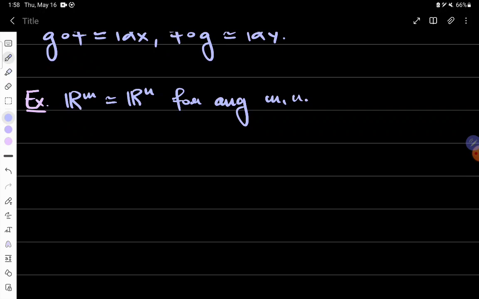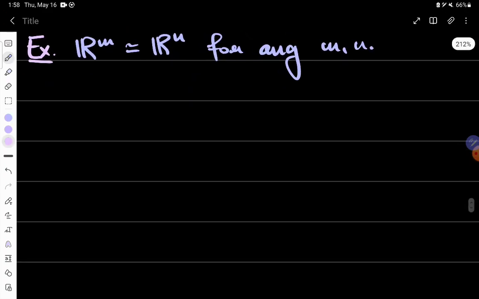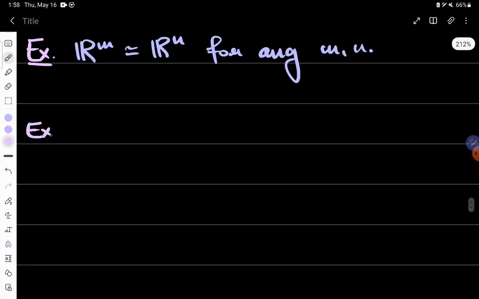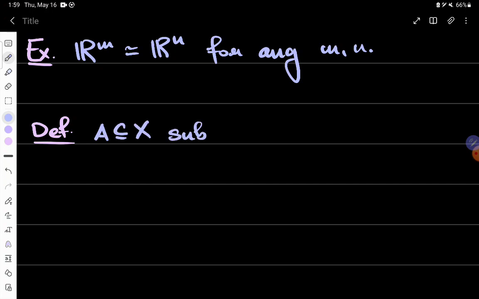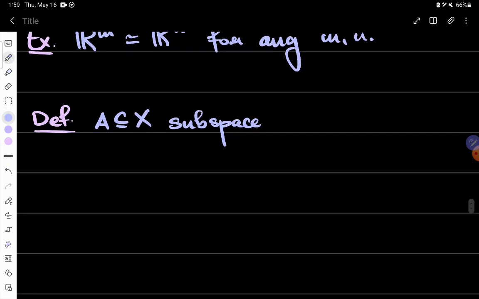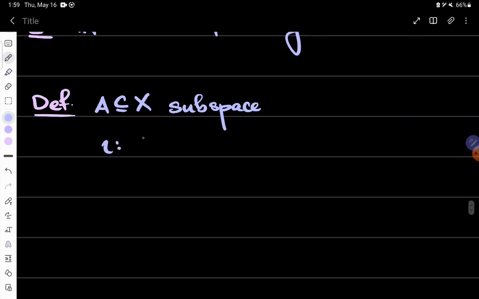So first let me talk about what a retraction is. Or let me just do it as a definition. Suppose A is a subspace of X, and let iota be the canonical inclusion map as a subspace.